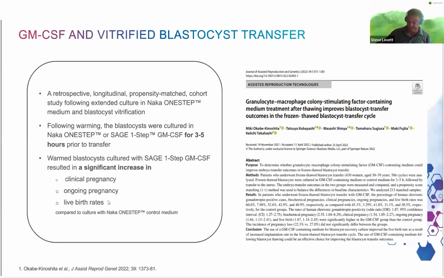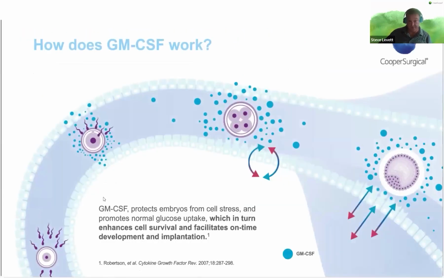and live birth rates. It was then postulated, how does a cytokine help during the embryo transfer process and following warming of vitrified blastocysts? The proposed mechanism is that the GM-CSF itself acts as a stress reliever, if you like, and helps promote normal glucose uptake. So it seems to have an effect both at the embryo level and at the endometrium level.